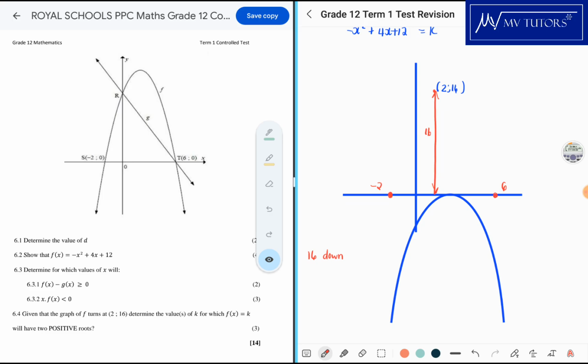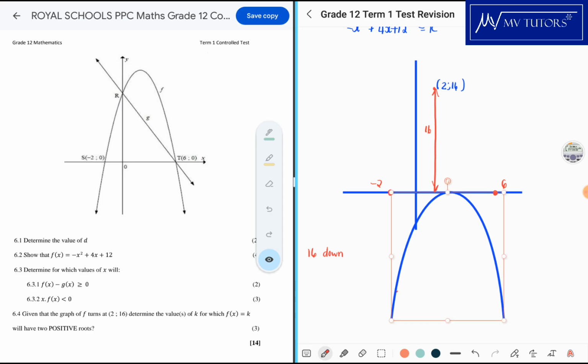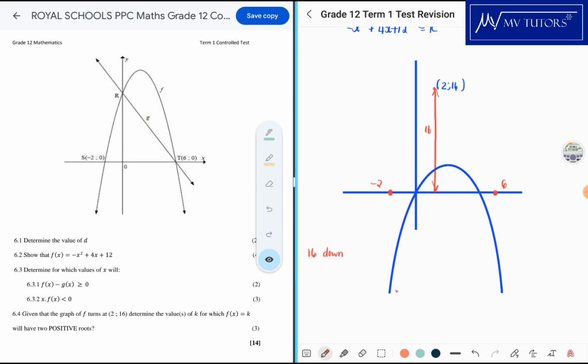Okay, I'm trying to select this parabola, but it doesn't want to select. Yes, there we go. So what is this value here? How am I going to get this particular one? Okay, this is when I have one root as 0. So yeah, how am I going to get to the other one?